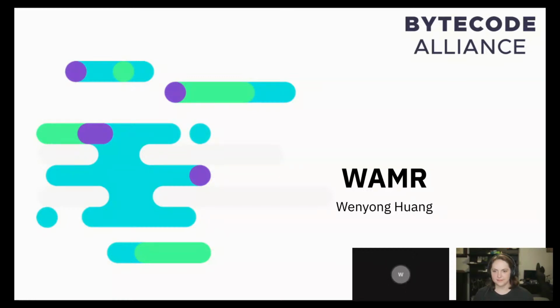Before that, Wamr only had the LLVM JIT and fast JIT individually, and they cannot tier up together.